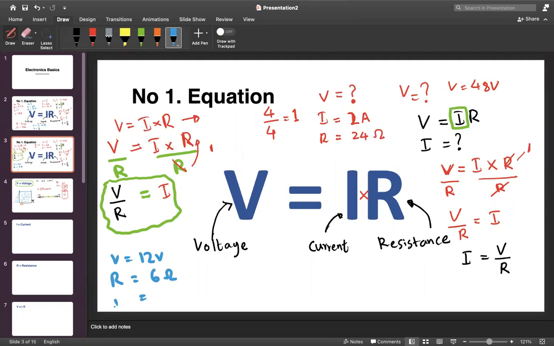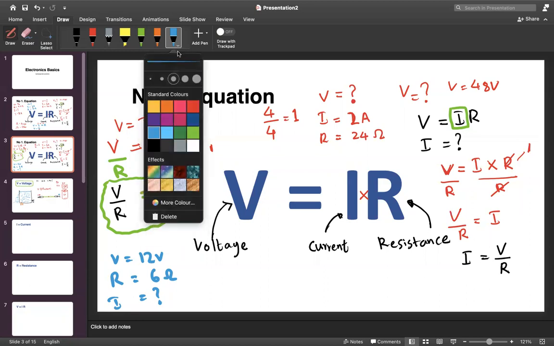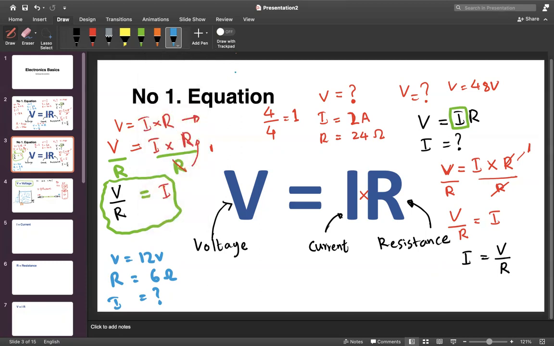Now can you tell me what is current? What is I in this situation? Can you find it? Right. How did we build that? How did you make it?